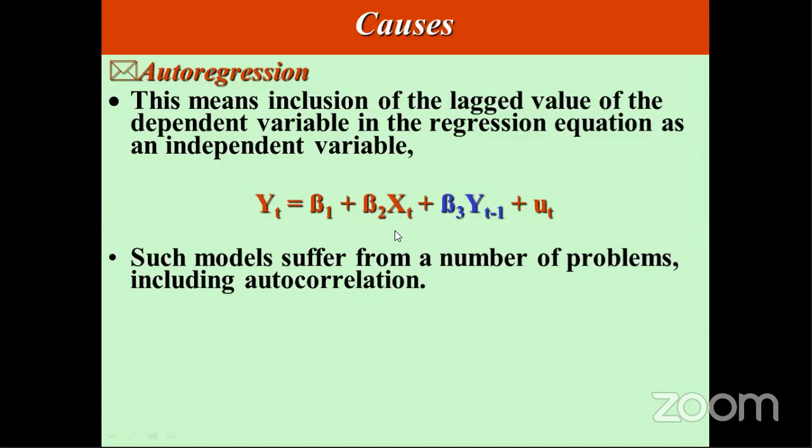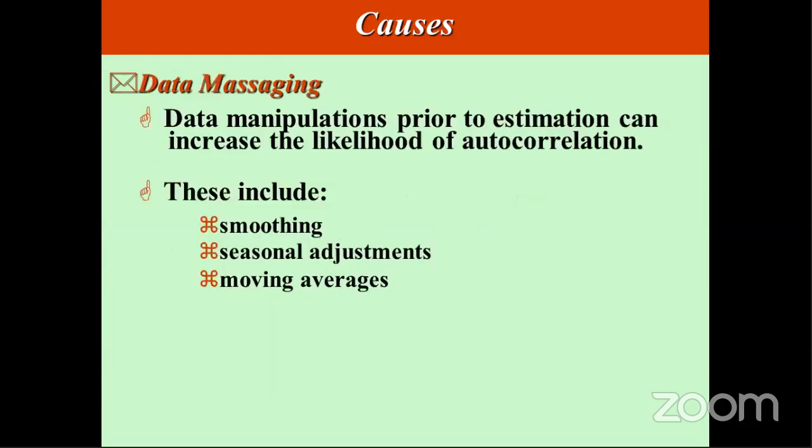For example, here you have a model like this: Y_t not only depends upon X_t, it also depends upon its own previous one-period lagged value, Y_t minus 1. By incorporating the lagged value of the dependent variable into your regression model, that causes the problem of autocorrelation. This is the third reason for autocorrelation.